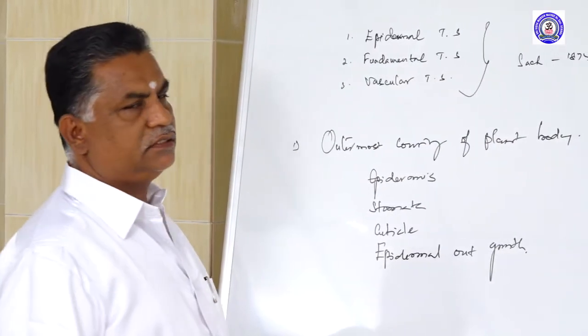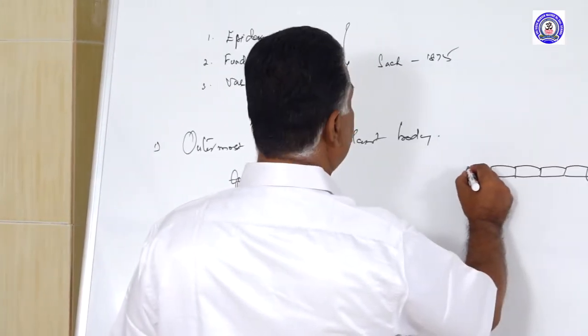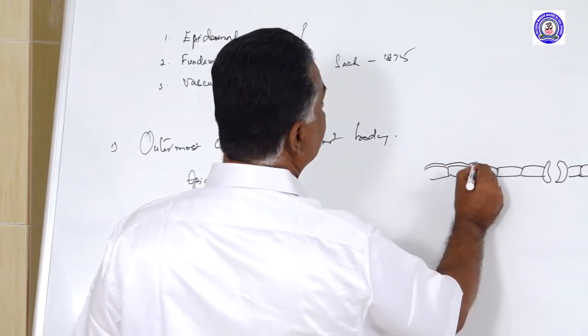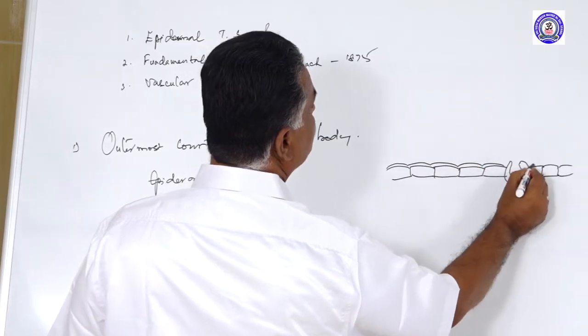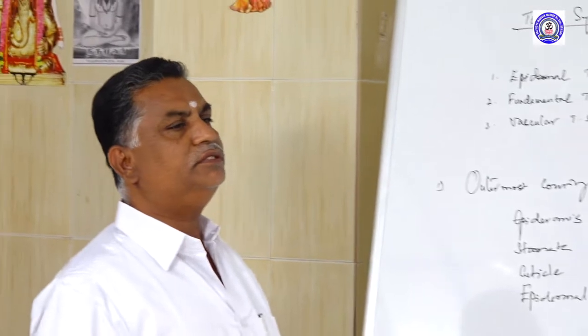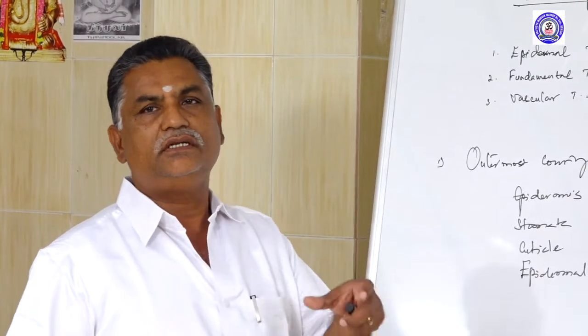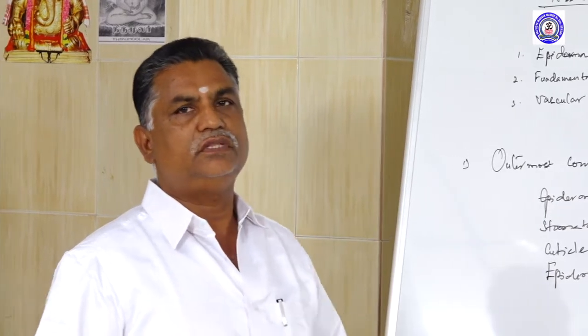And in most cases, especially in stem and leaf, epidermis is covered by cuticle. It is a waxy substance that covers the epidermis. What is the function of epidermis? It gives protection to the internal tissues that lie inside.